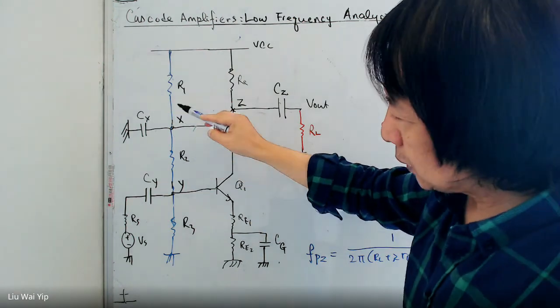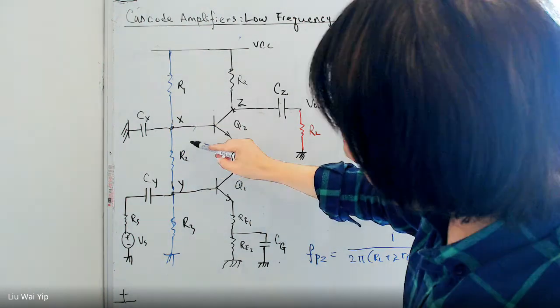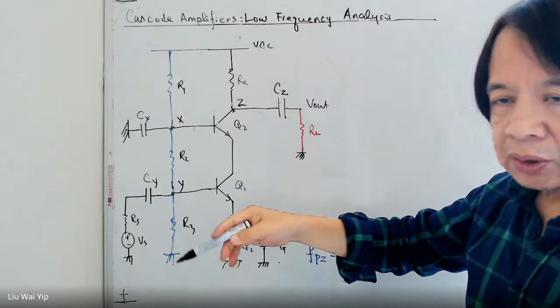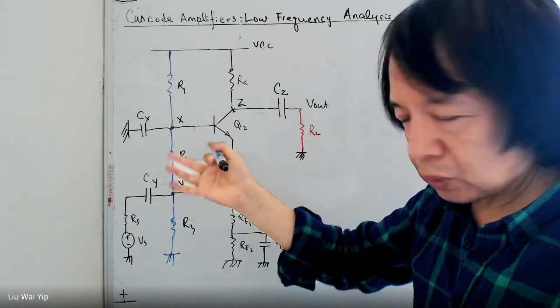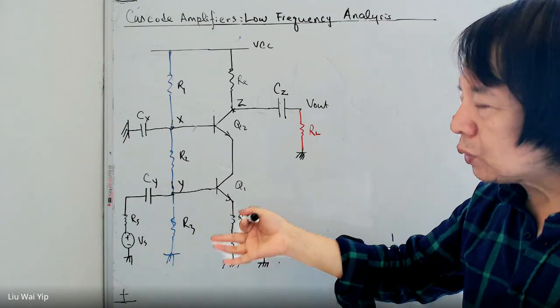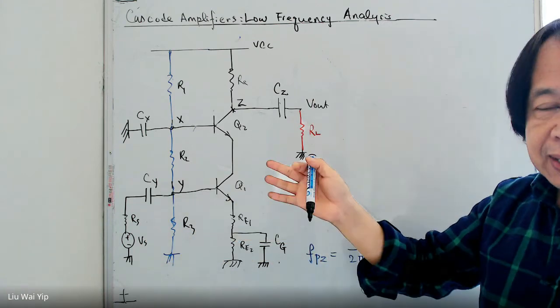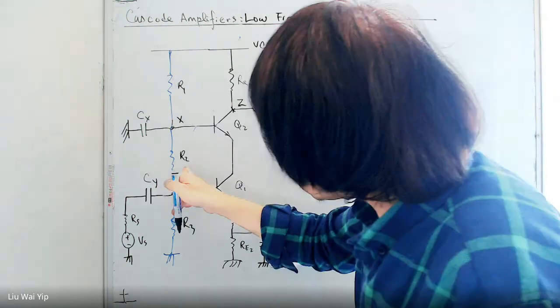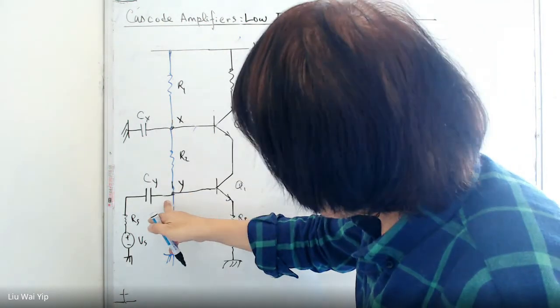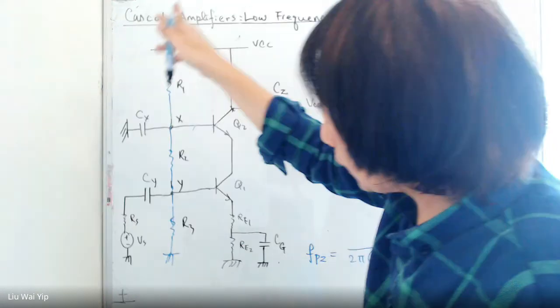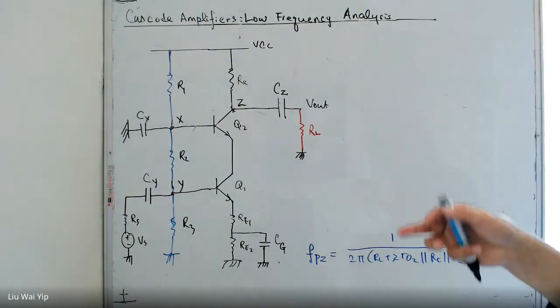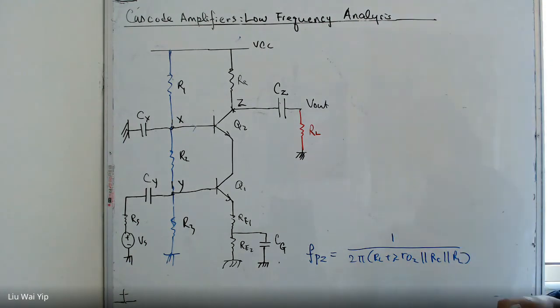The only one that is tricky is R2. R2 has no direct pathway connecting to the ground. So we use the Miller effect to resolve R2 into one resistance connected directly to the ground and another resistance connected directly to the ground. This is the way we find the parallel combination.